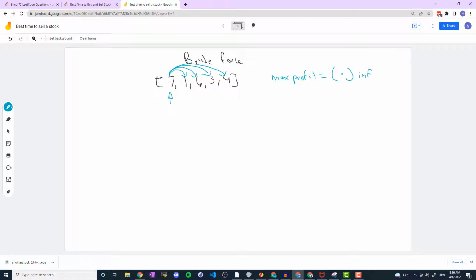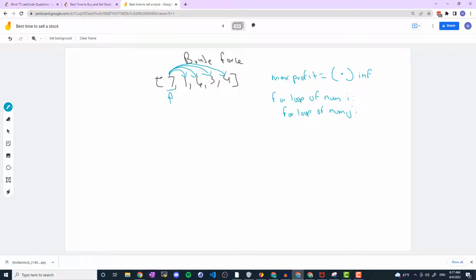Okay, and then we start with our first for loop of num i, that's going to denote our 7. So in order to make the comparison with 7 and every other day of trade, I need to have another for loop. Okay.